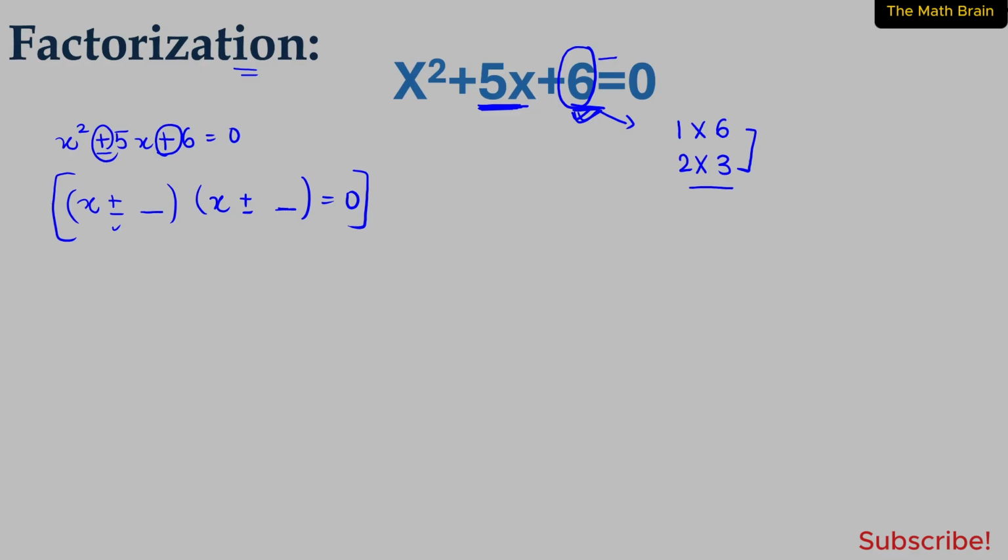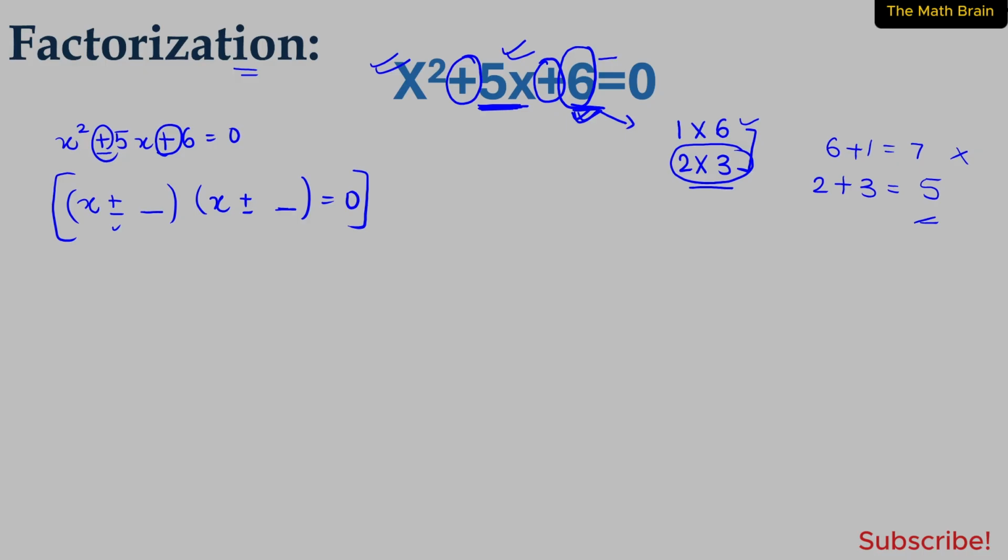So here in the given equation, both the signs are positive. So what we are going to do is add the multiples, and if we add 6 plus 1, we'll get 7, which is not in the equation, so this can't be the solution. If we add 2 plus 3, it gives us 5.